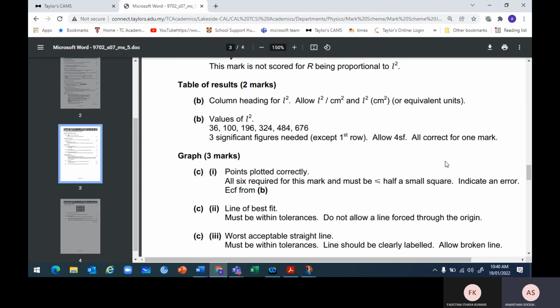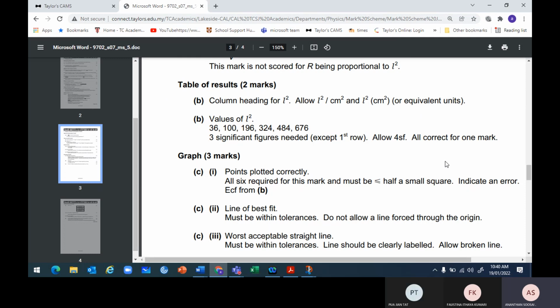First is 2 SF, right? 6.0. So yeah, one by one. L squared, first reading is 6.0, so 2 SF. So L squared must be 36. You write 36.0, still accepted. One extra significant figure accepted.